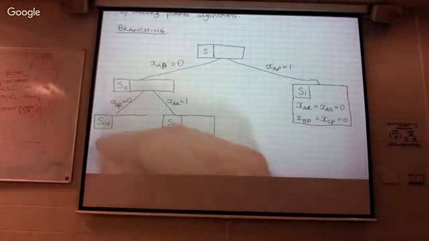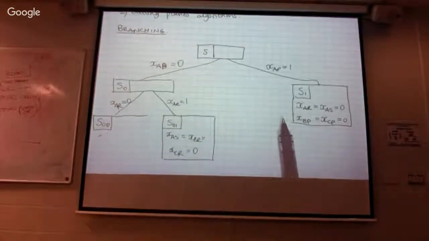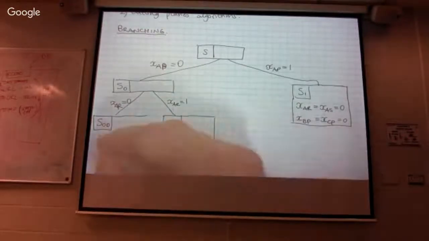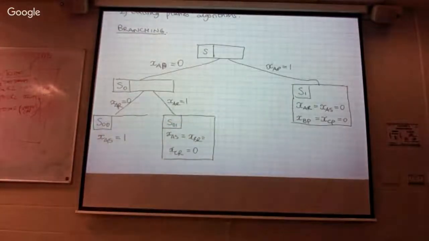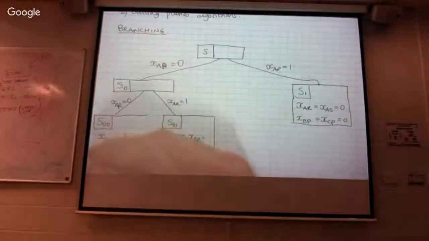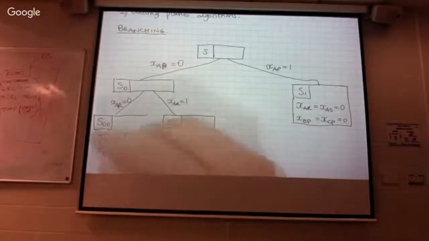Whereas here, I know that XAP and XAR are 0, but XAP plus XAR plus XAS adds to 1. So that means that XAS in this case has to be 1. And because XAS is 1, then XBS and XCS have to be 0.